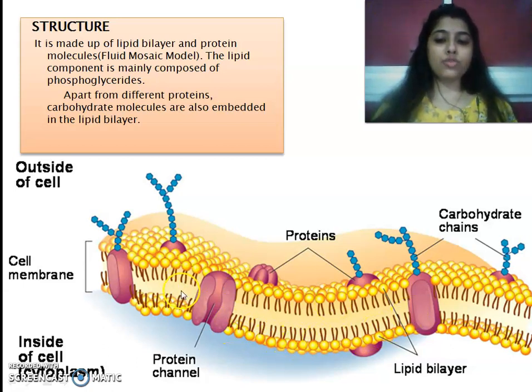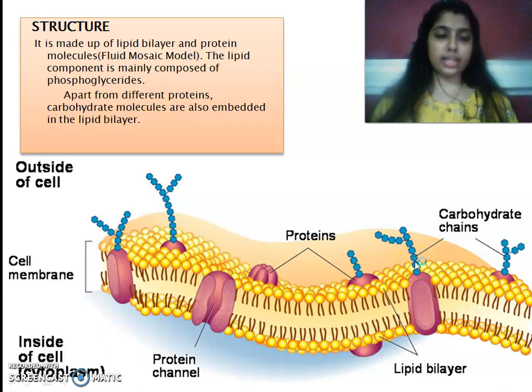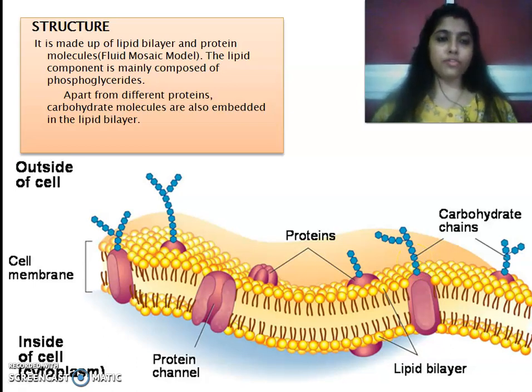That means two phospholipid layers are present in the cell membrane, so it is composed of a phospholipid bilayer. Clear? That is two layers. And these ones, can you see? These are the protein molecules which are present within the cell membrane. And these chains are the carbohydrates which are present in the cell membrane. That means the cell membrane constitutes a phospholipid bilayer, some important proteins and carbohydrate molecules.